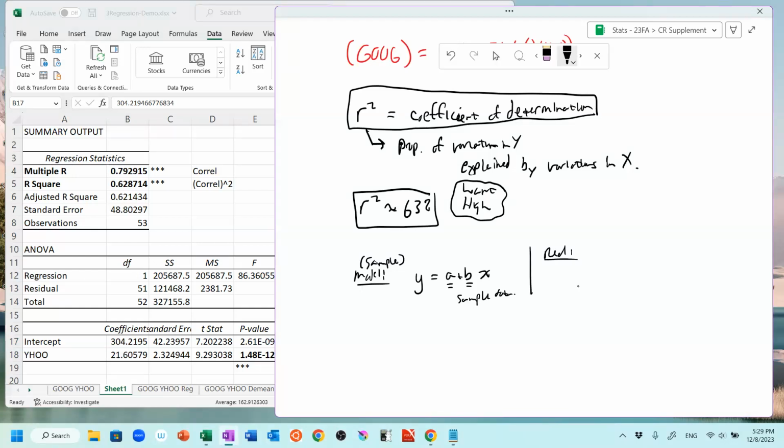Well, in reality, if we had access to the entire population, we wouldn't have to estimate a and b. We could compute what we might call alpha and beta. This isn't the same alpha and beta as in hypothesis testing before, where alpha was a significance level. This is a different alpha and beta. So sorry about that.